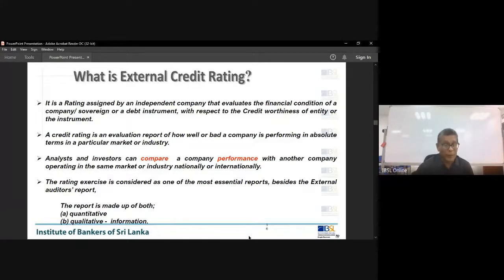Usually, most of the time, they look at the quantitative aspect. But remember, the credit rating may evaluate both quantitative and qualitative aspects.